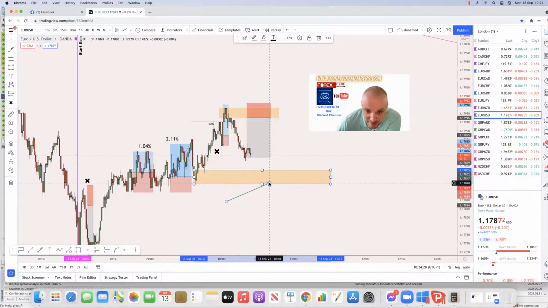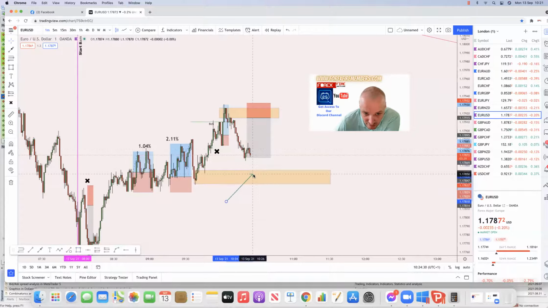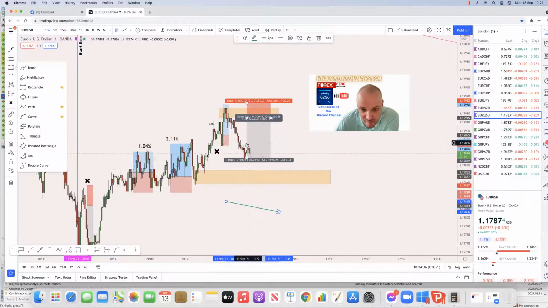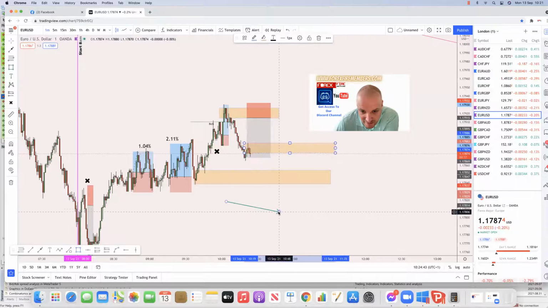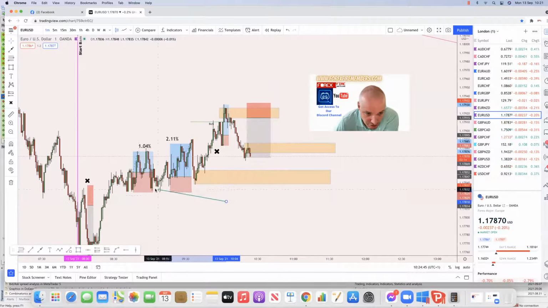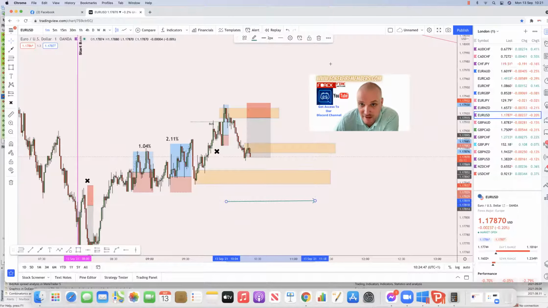And if that does push down to meet this, we may get a breakout under here, which would then give my attention to that candle there for the push up before the push down of any breakout underneath here.